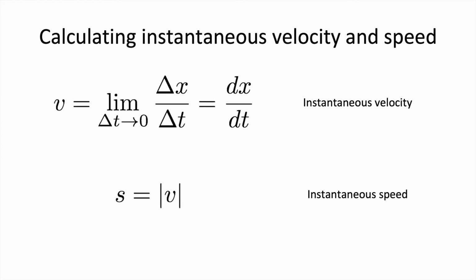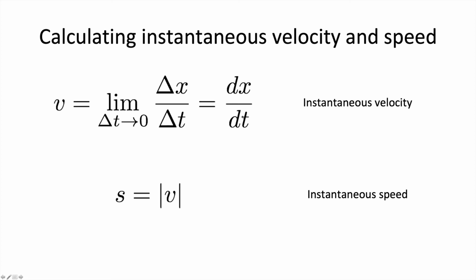Now, we can also calculate the instantaneous velocity and speed. So this tells us how fast something is traveling at that instant. So to do this, the instantaneous velocity is given by the limit as our time interval becomes really, really small. And it's the change in the displacement over that time interval divided by the time.